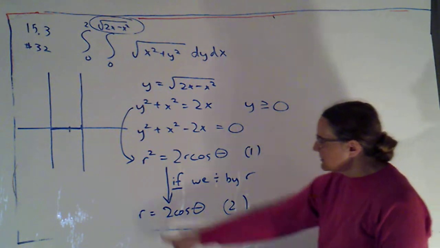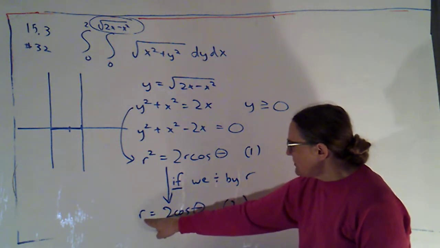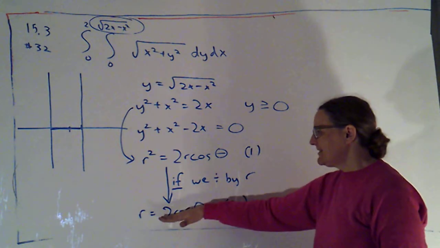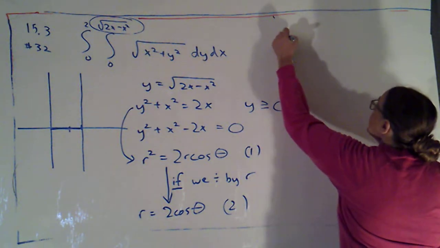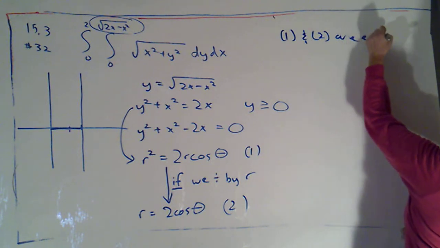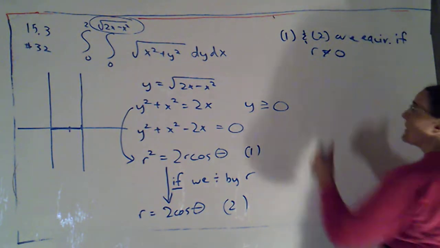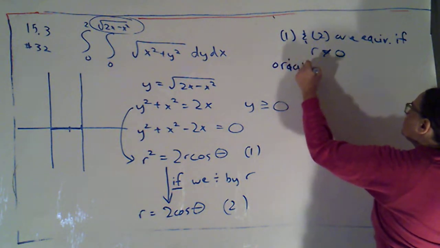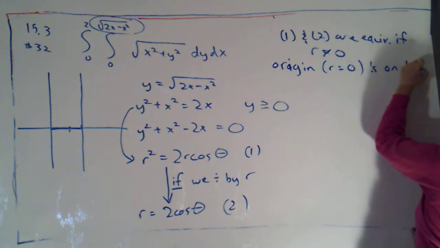So is there a solution that would put the origin on this graph? R would be 0, yes. If theta was pi over 2, this would be equal to 0, and then r would equal 0. Okay. So equation 1 and 2 are equivalent if r does not equal 0. The origin, which is what we get when r is 0, is on both graphs.